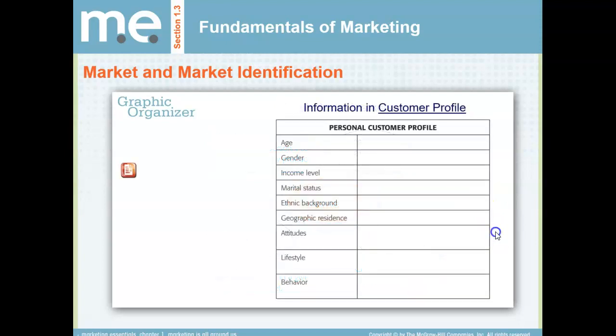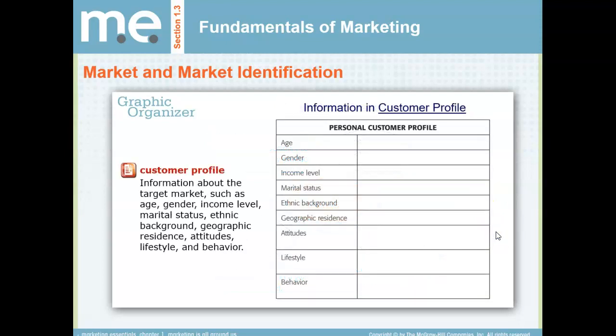So I think we have one more thing to talk about. That is a customer profile. So we've segmented our market, we've now targeted it, and we're going to make a profile for who our customer is. And we're going to gather this information as we make sales. Companies try to do this all the time. They're looking to find out information about who is buying their goods, so they have this data. Because data is empowering.